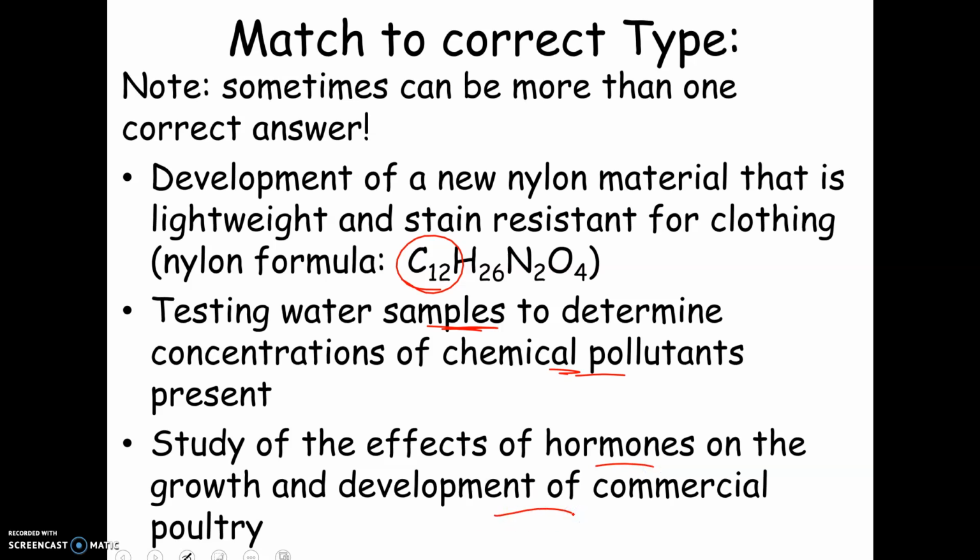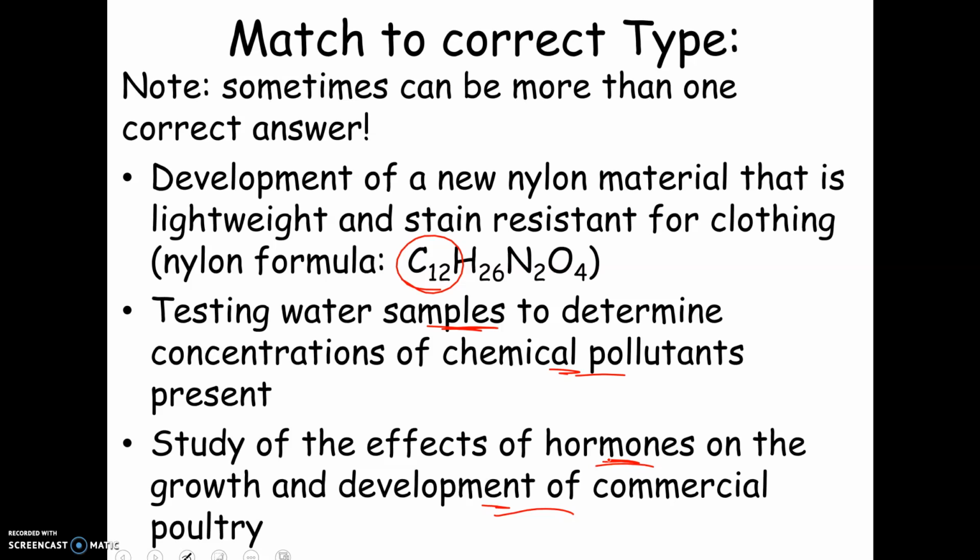So we're looking at hormones and how they affect growth and development. This is living things. So the best one here, I think, would be biochemistry. Again, there are other branches and subdivisions that we could look at, but based on what we discussed. Technically, hormones are carbon-based compounds as well, but I think that the best fit here, based on the keywords, would be biochemistry.